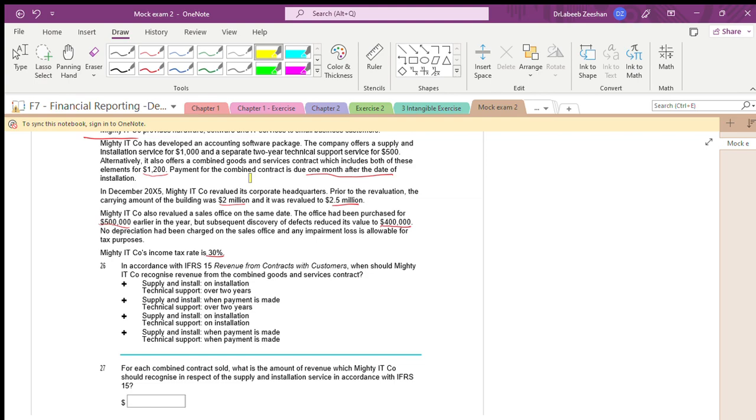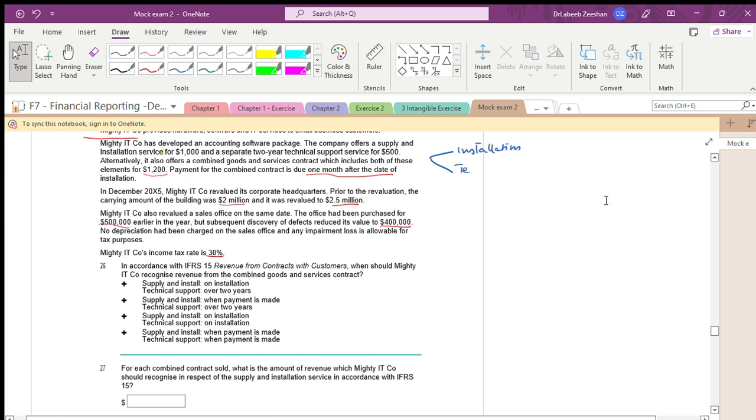No, we don't want this. We want, yes, they have developed software. The company offers installation service and separate 2-year contracts. Alternatively, it offers combined goods and services, which includes 1200. This is the issue. They have the installation and they have the support.